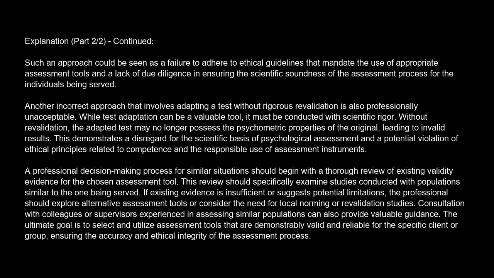Consultation with colleagues or supervisors experienced in assessing similar populations can also provide valuable guidance. The ultimate goal is to select and utilize assessment tools that are demonstrably valid and reliable for the specific client or group, ensuring the accuracy and ethical integrity of the assessment process.